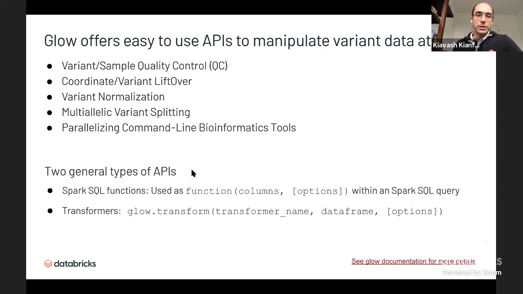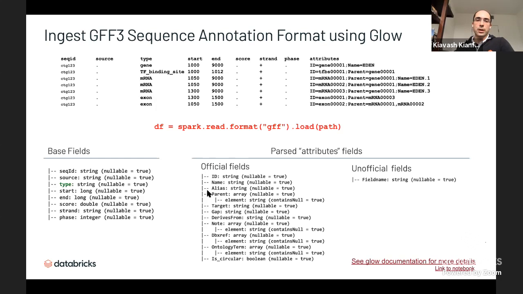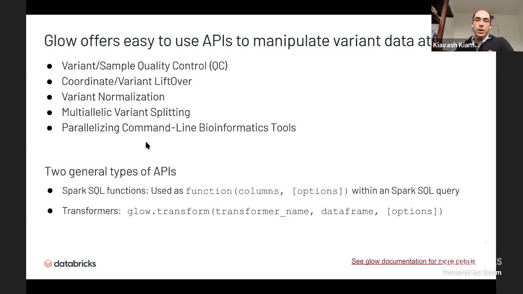One thing I want to mention is that most of the APIs in Glow come in one of two formats. They are either designed as Spark SQL functions, which are applied on columns of a Spark data frame, so you take particular columns and give them as input to your functions, or they are transformers.